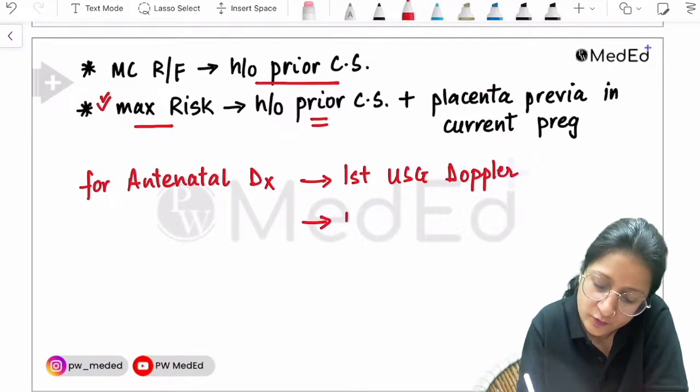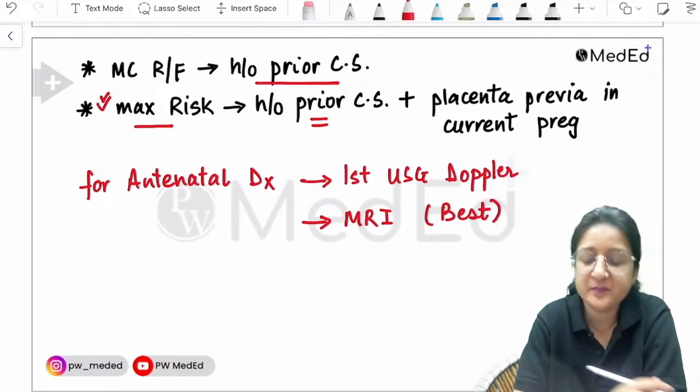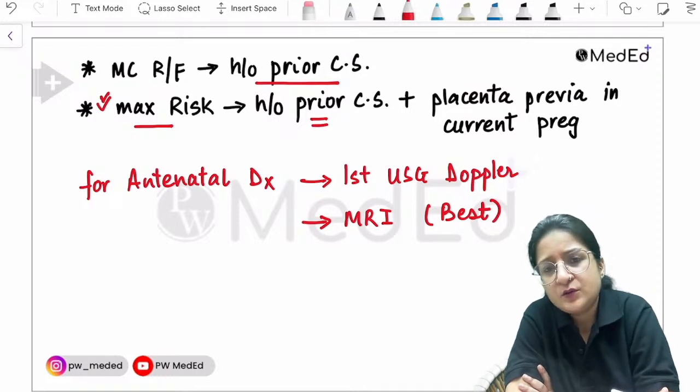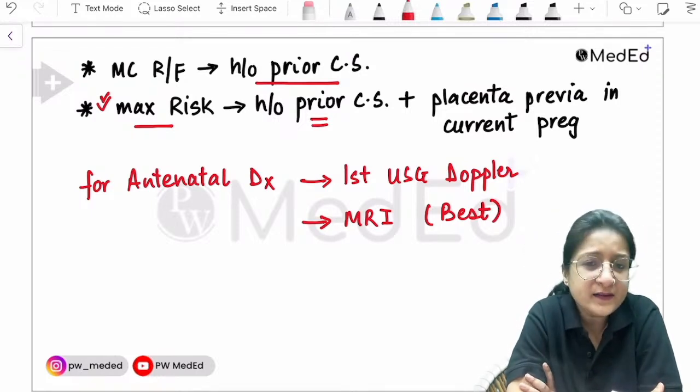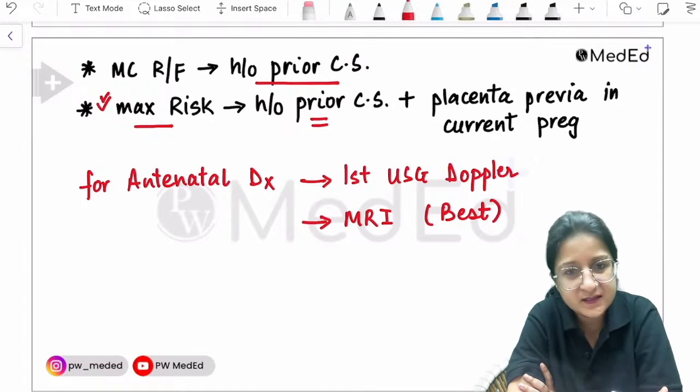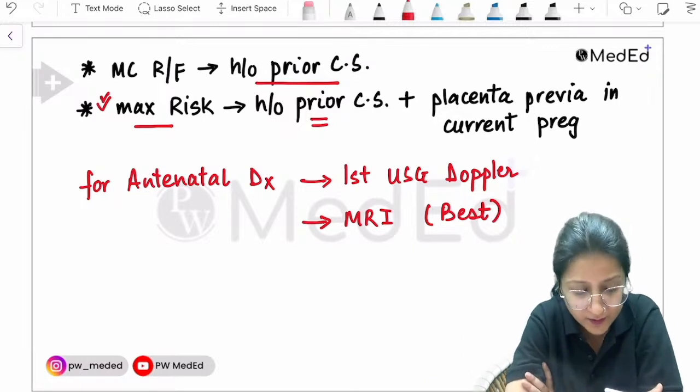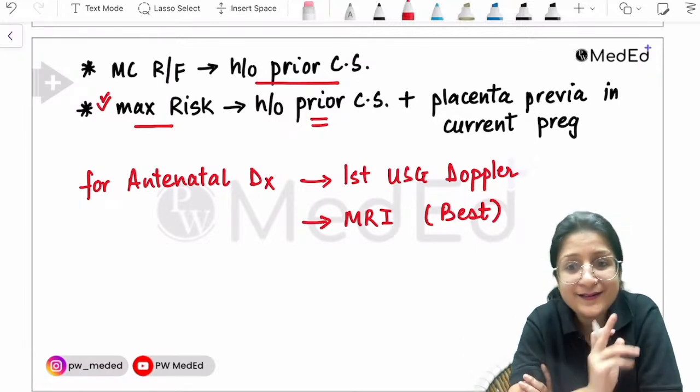Then we go for MRI. MRI is the best, but MRI is expensive. So in clinical practice, we first go for ultrasound Doppler, and if required, we go for MRI. MRI gives the most valuable information regarding whether or not it is a morbidly adherent placenta. That is for antenatal diagnosis.